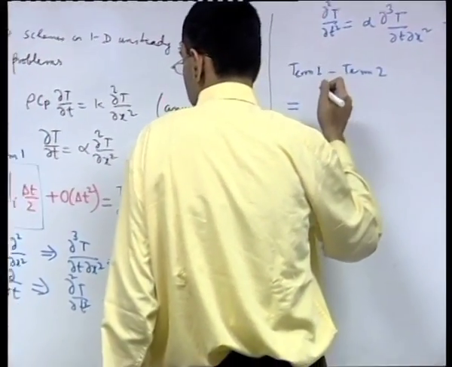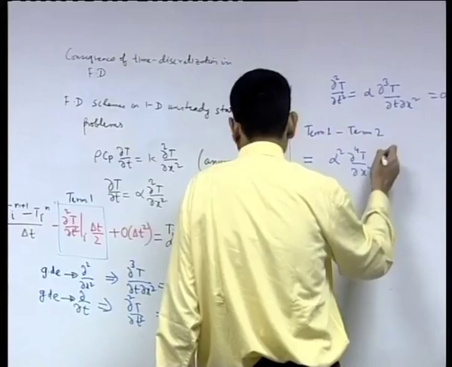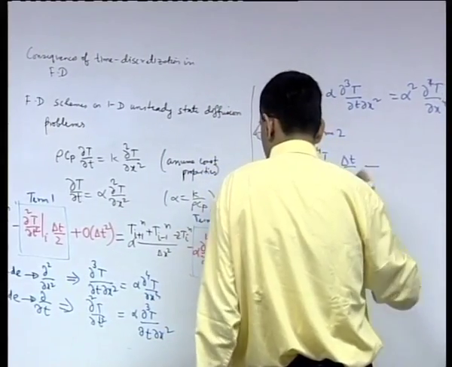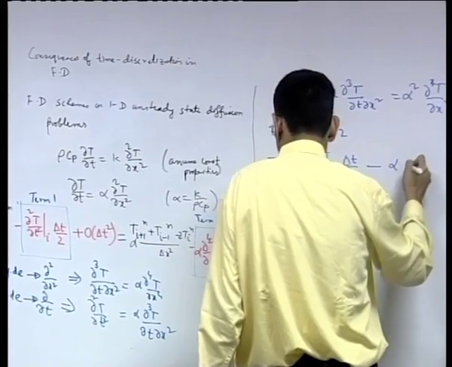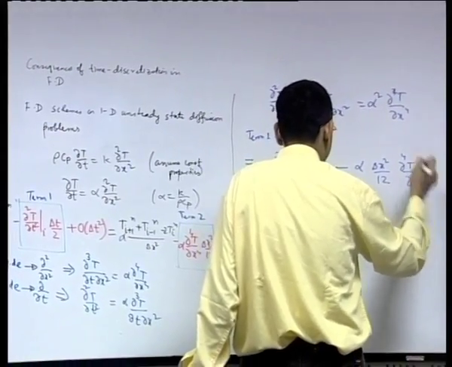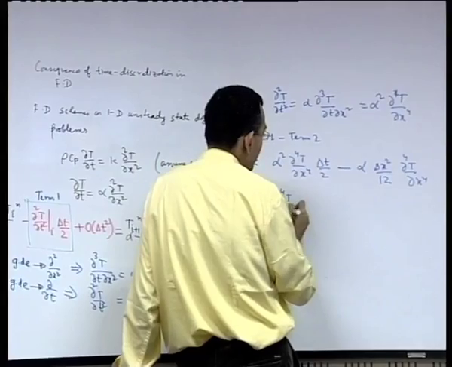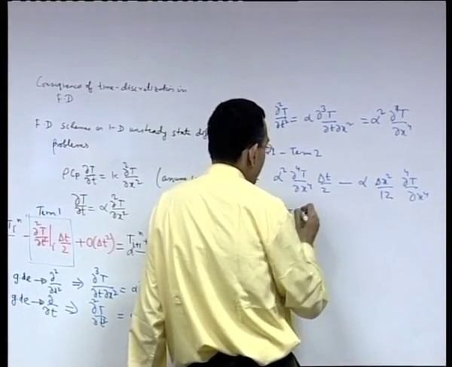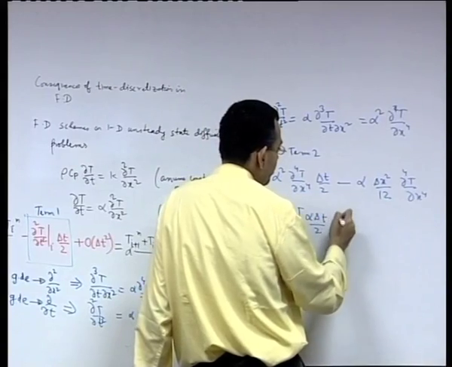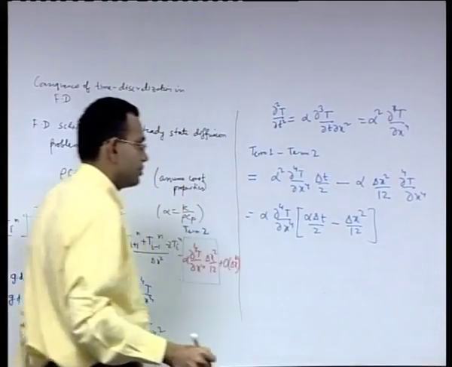It is equal to alpha square del 4 T del x 4 into delta t by 2 minus alpha delta x square by 12 del 4 T del x 4. So, if you take alpha del 4 T del x 4 as common, then here you have alpha delta t by 2 minus delta x square by 12 in the bracket.